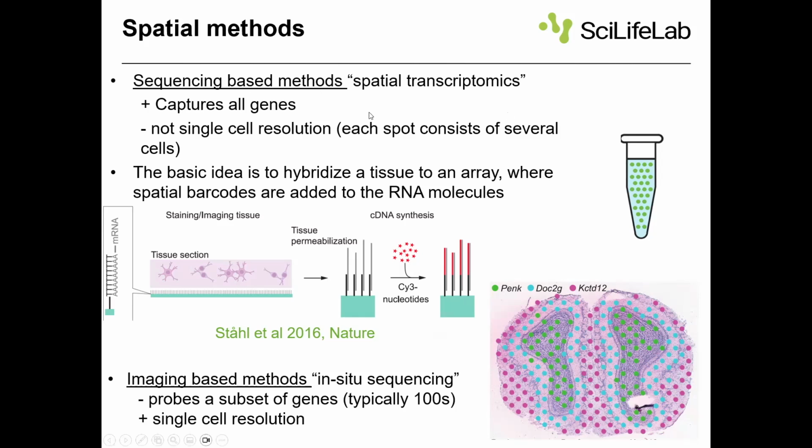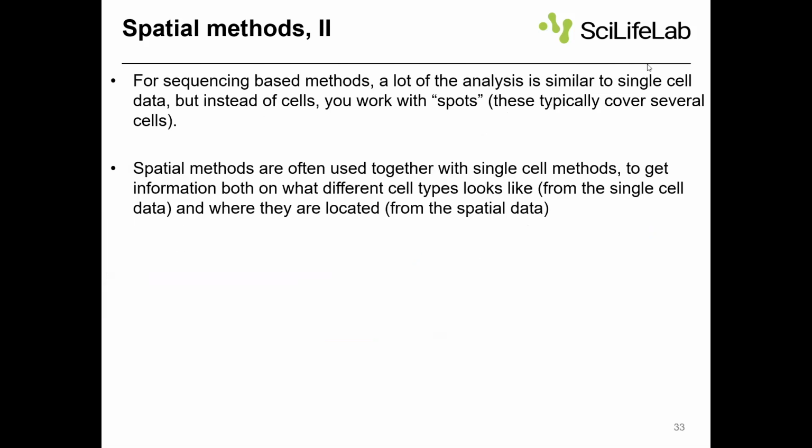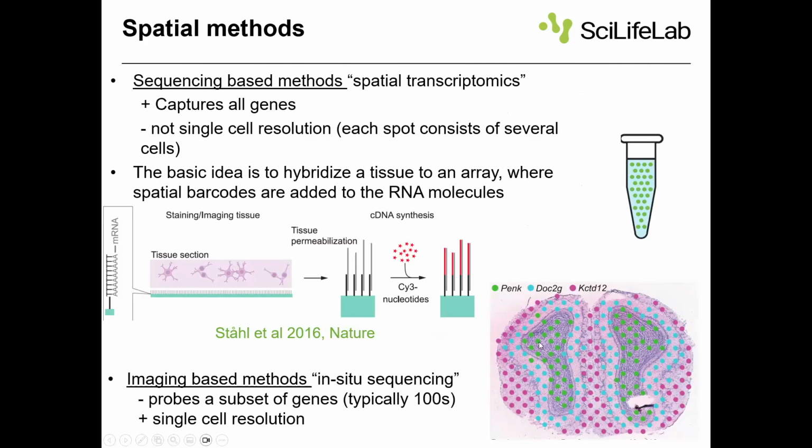This is also a product from 10x called Visium. Spatial transcriptomics has also been adapted to ATAC-seq. The way you analyze this is very similar to single cell data, but instead of cells, you work with spots, so each little region here.